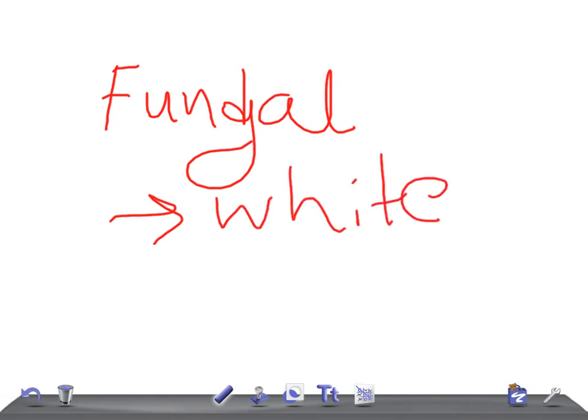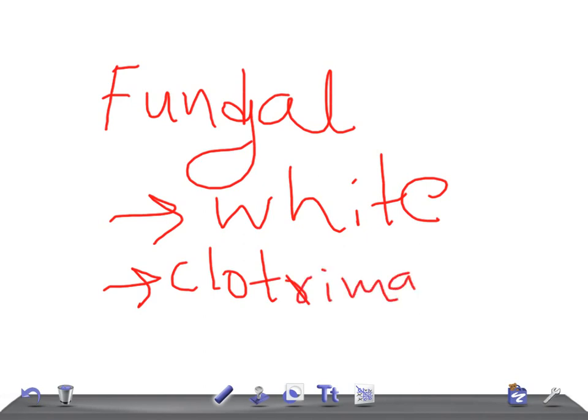Then you can go ahead with the treatment of a topical antifungal, that's clotrimazole. This is really very important.